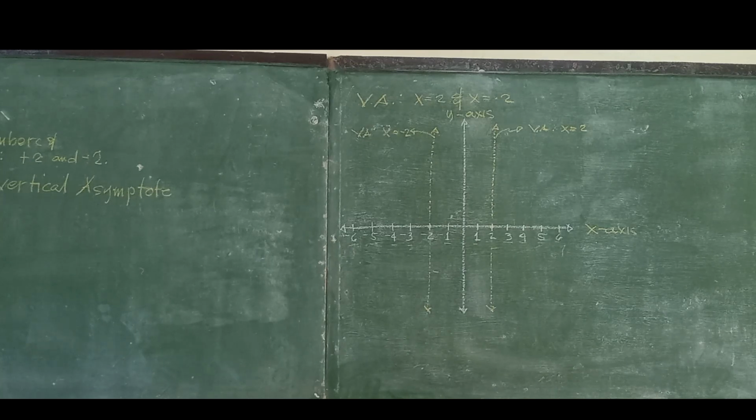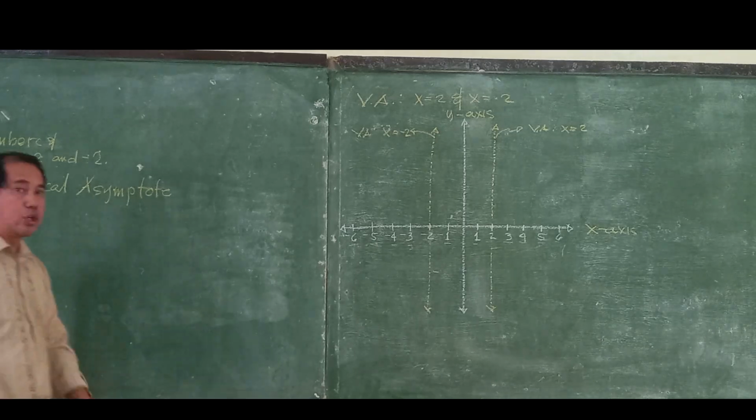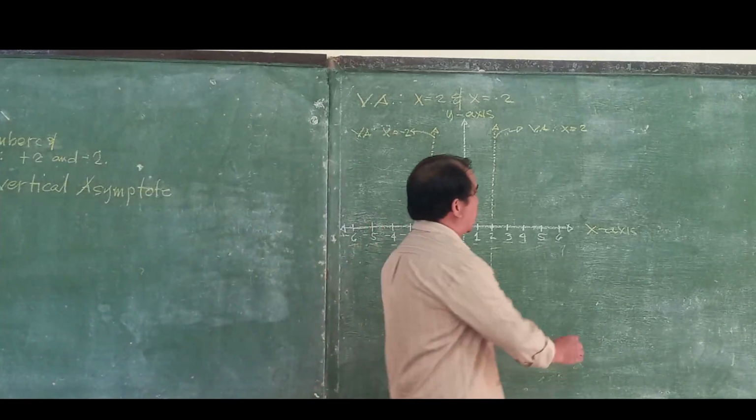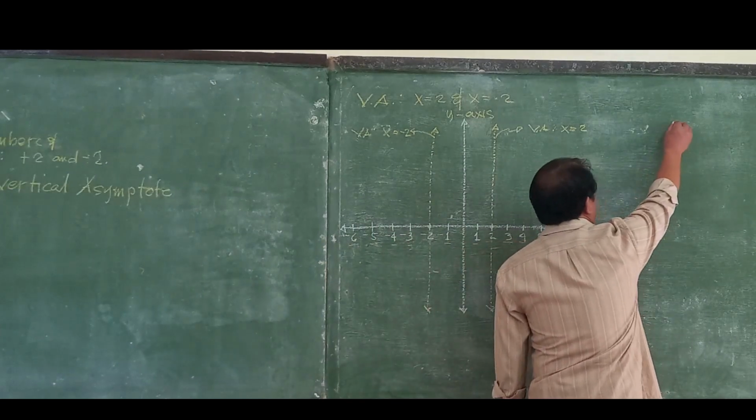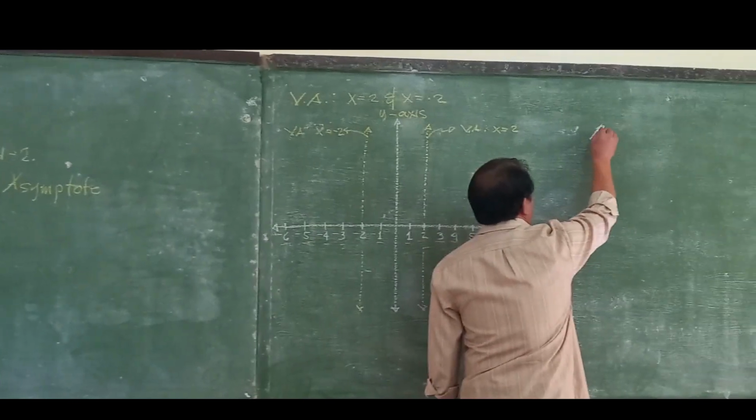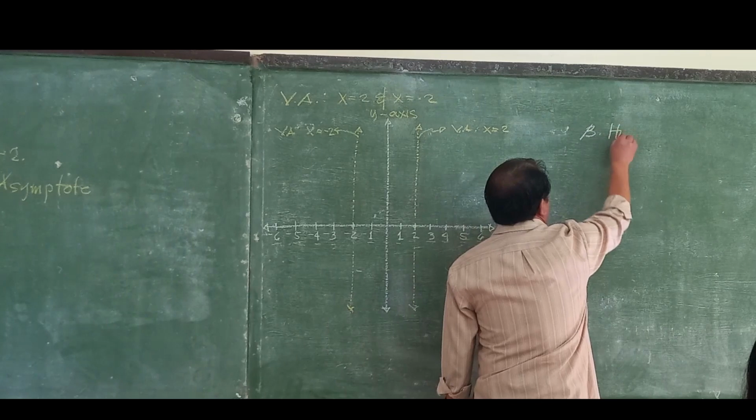The next thing that we're going to look into now is the horizontal asymptote. So, I will look into the horizontal asymptote using this one.